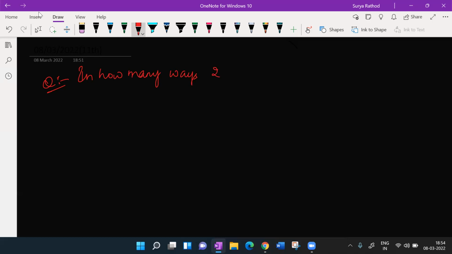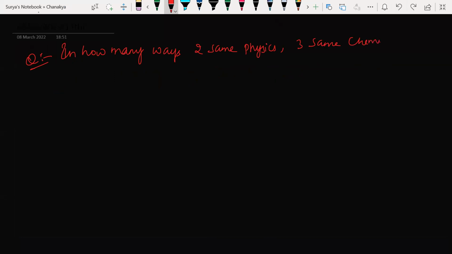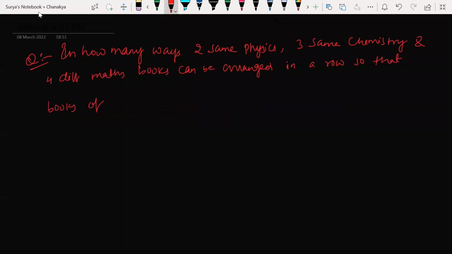In how many ways can 2 same physics, 3 same chemistry, and 4 different math books be arranged in a row so that books of same subjects are kept together?